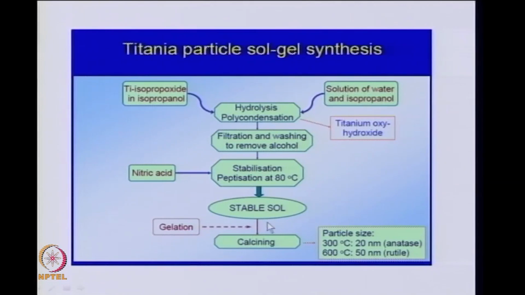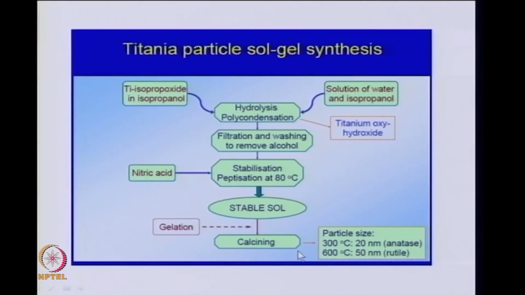So, here the particle size varies from 20 nanometer to 50 nanometer depending on the temperature at which you calcine. So, if you are calcining at 300 degrees centigrade, you get particles whose average diameter is 20 nanometers, and if you look at its crystal structure using powder X-ray diffraction, then you will find that this TiO2 has a structure which is called the anatase form of TiO2.